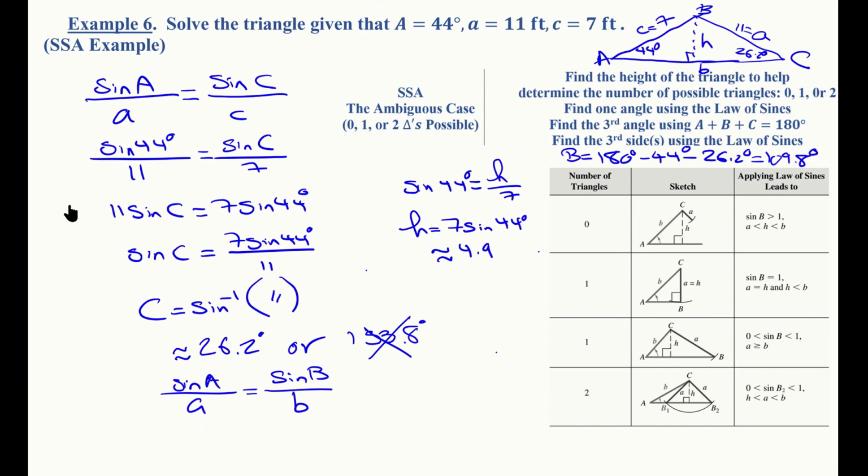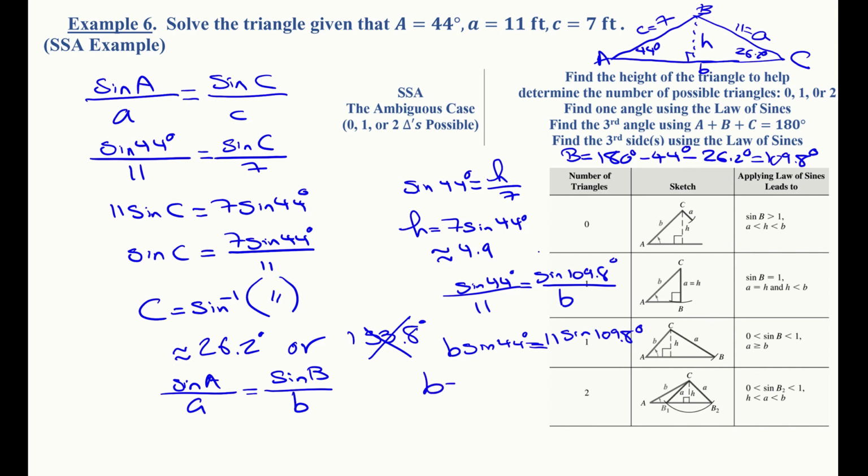So we have sine 44 degrees over 11 equals sine of 109.8 degrees over B. So B times sine of 44 degrees equals 11 sine of 109.8 degrees.